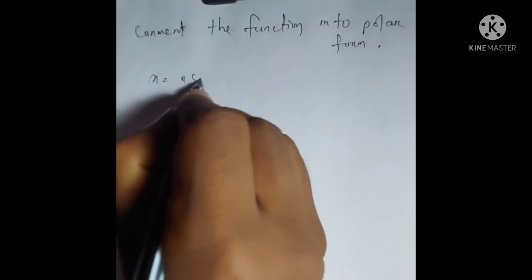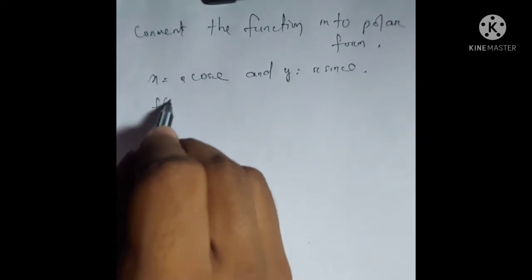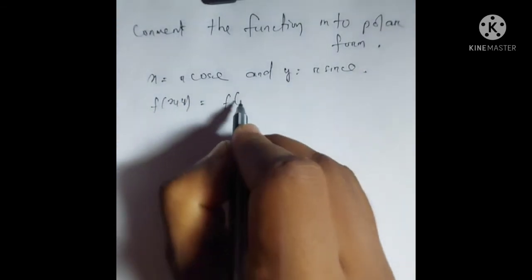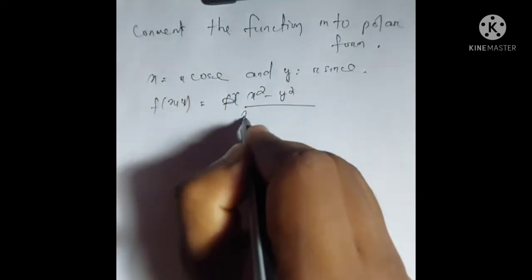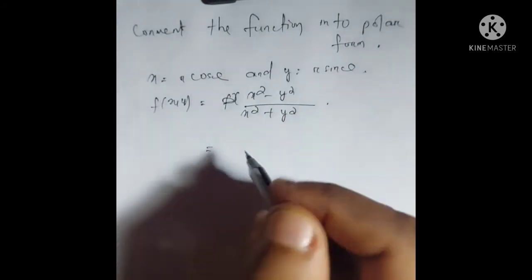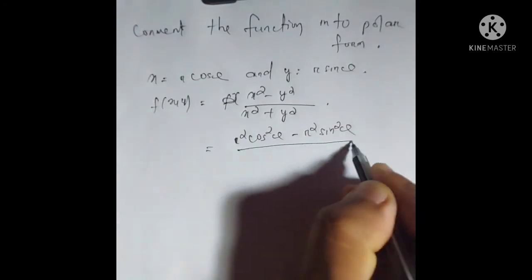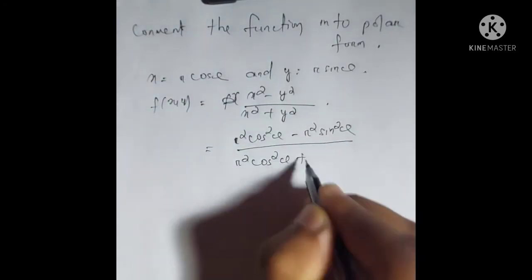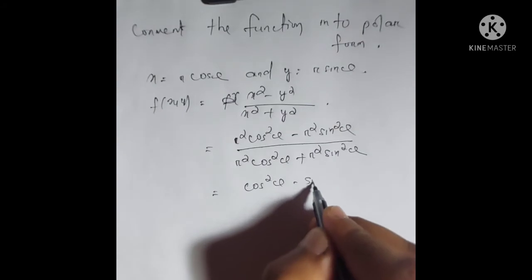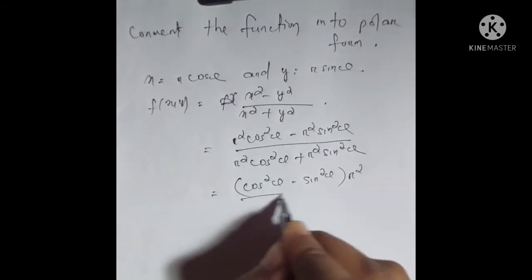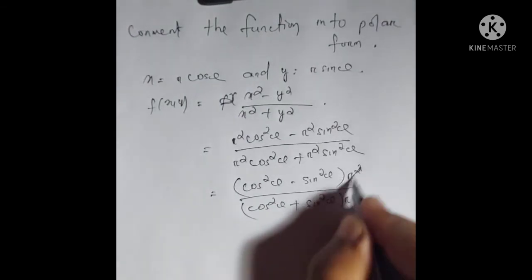Take x = r cos θ and y = r sin θ. Then f(x,y) = (x² − y²)/(x² + y²), which is equal to (r² cos²θ − r² sin²θ)/(r² cos²θ + r² sin²θ), which is equal to (cos²θ − sin²θ) r²/((cos²θ + sin²θ) r²). Now r² cancels.